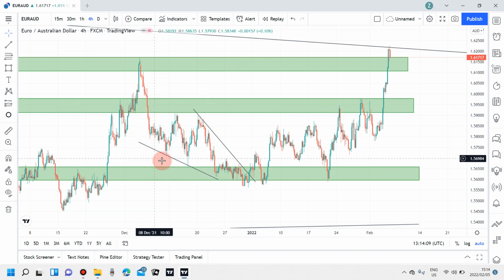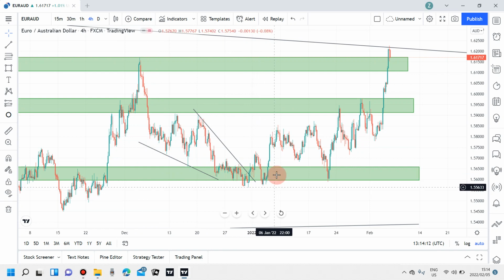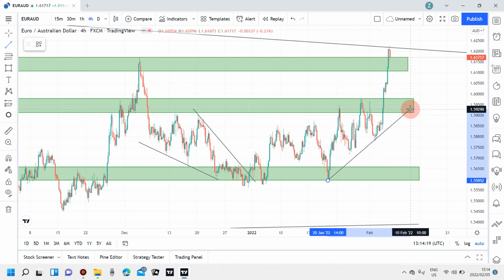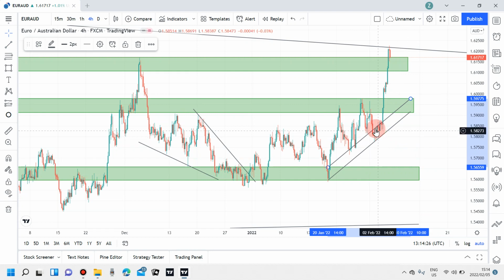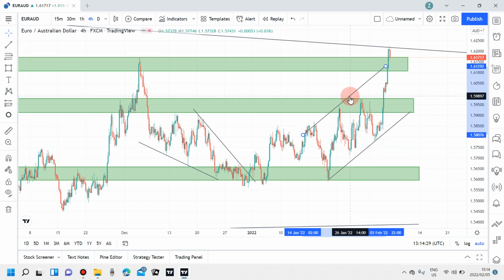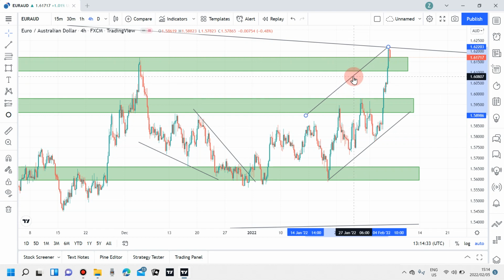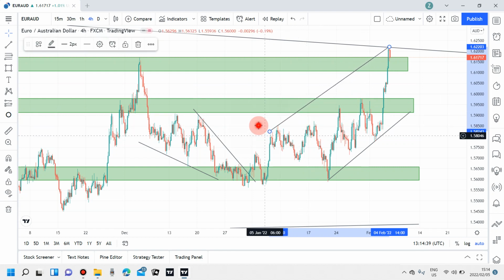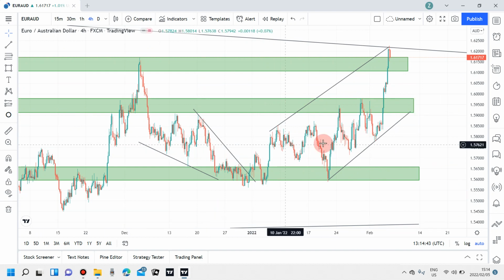So yes, this is a descending type pattern, and what the market is giving me right now is an upward momentum. The reason the market is giving me this upward momentum is because this was a descending type pattern, and I said normally descending type patterns break to the upside and continue their way up.